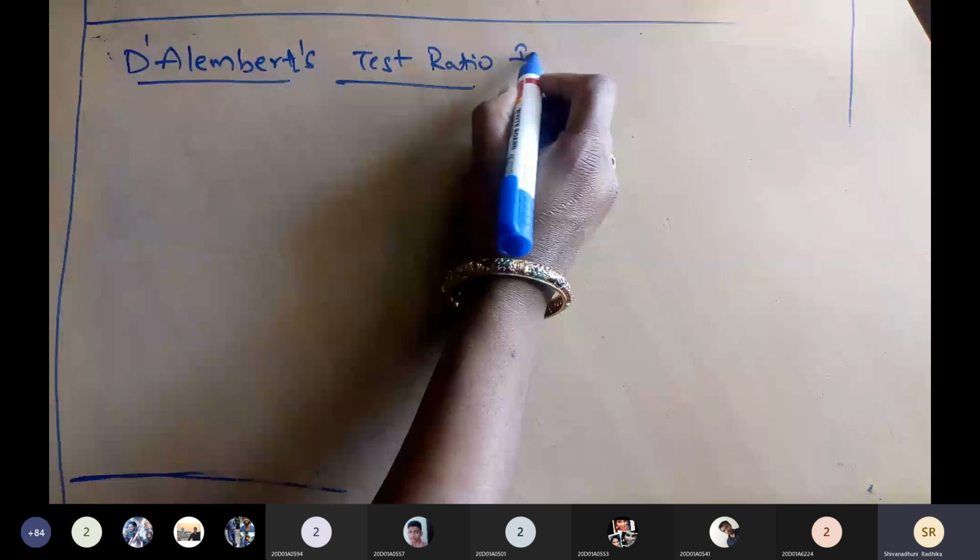Very important method: D'Alembert's ratio test. Now write the statement first.